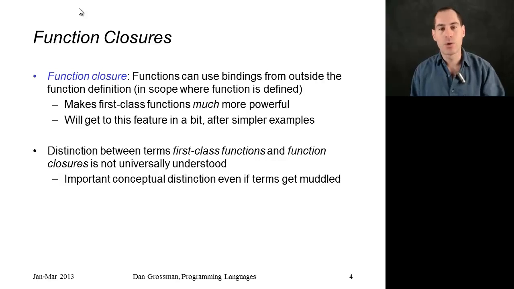And even though it's an important conceptual distinction, I'm not going to harp on the definitions and the terminology because they're so commonly used incorrectly, and it's frankly not that big of a deal. So that's our introduction. Hopefully you're excited about the idea of first-class functions, and we'll start learning how to use them for actual interesting code even in the very next segment.